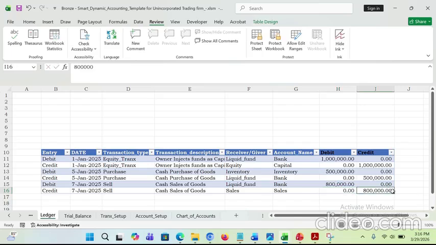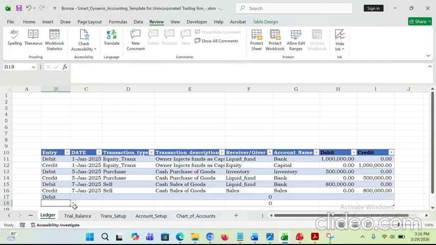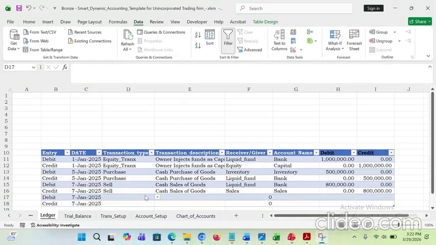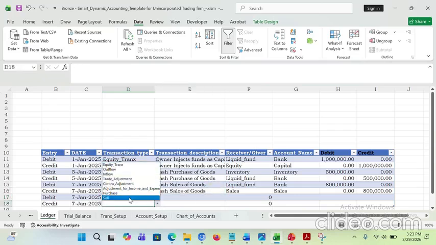In addition to that, you also need to post for the cost of sales of this 800,000. So as usual with debit and credit, for the same date, the cost of sales. For the cost of sales, we also select under sell, right?